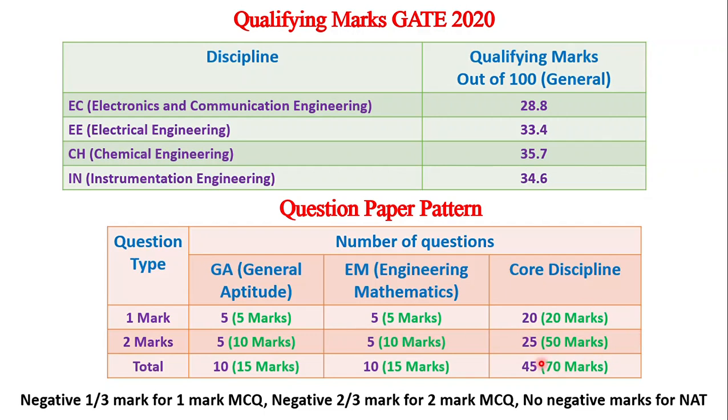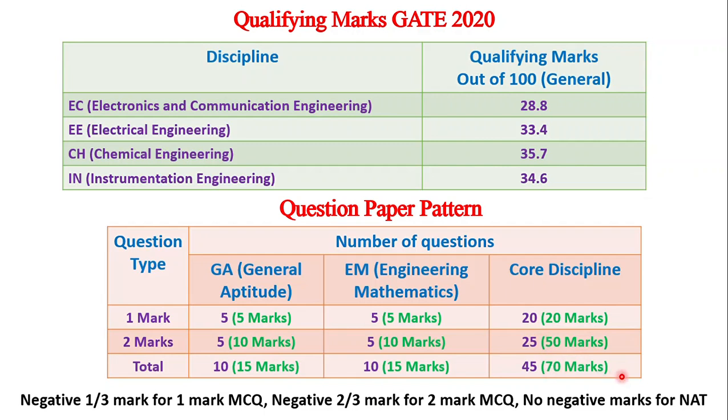The core discipline questions carry 70 marks out of 45 questions: 20 questions of 1 mark and 25 questions of 2 marks. And I can definitely guarantee that 15% can be scored in this core discipline only with control systems. If you are strong in control systems, I am very sure you can score 15 marks quite easily.